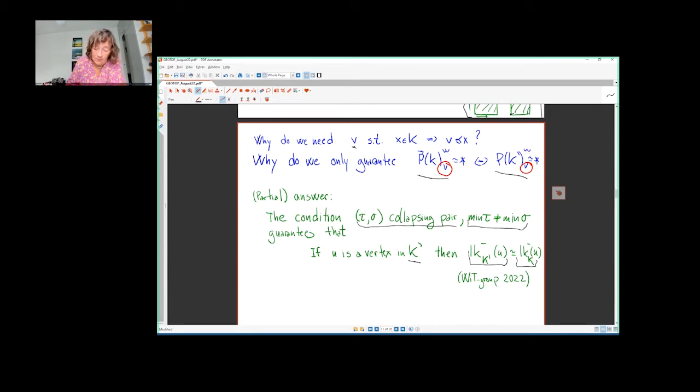And this condition, that we just need the minima to be different, is something we did in a paper in 2022. So the theorem goes via past links. Instead of thinking we preserve path spaces, we're preserving past links.